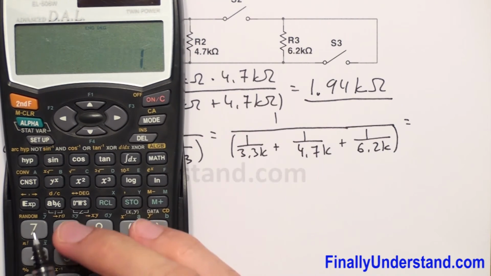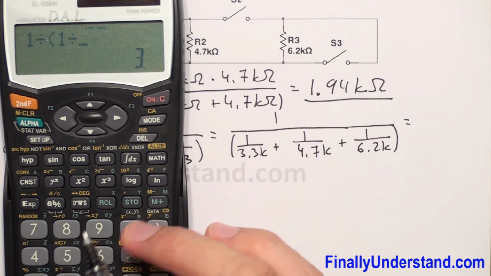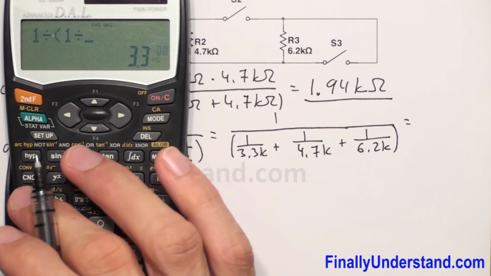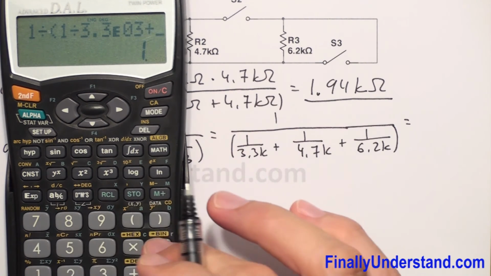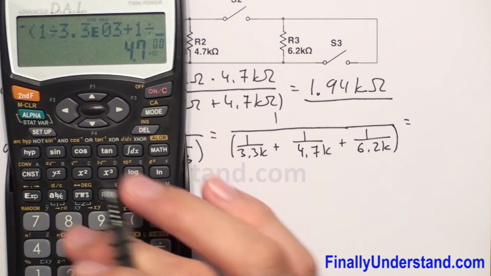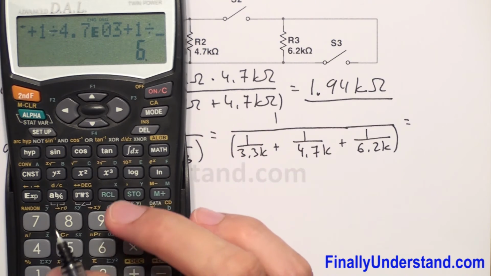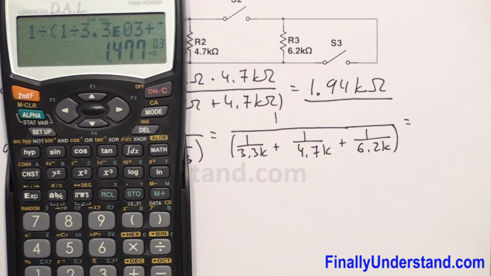So I have 1 divided by, open parenthesis, 1 divided by 3.3 exp 3, plus 1 divided by 4.7 exp 3 plus 1 divided by 6.2 exp 3. Close parenthesis, this is equal 1.47 kilo ohms.